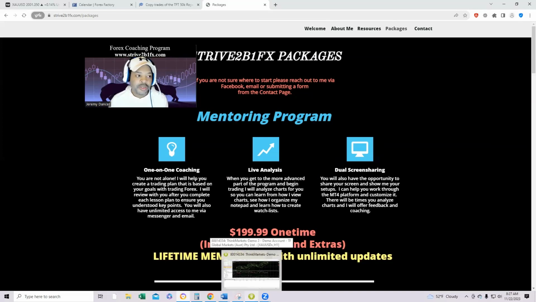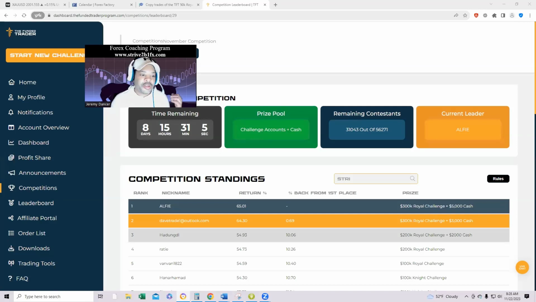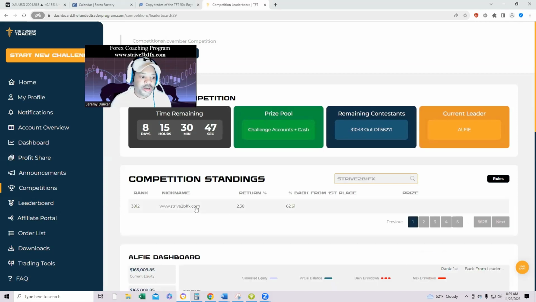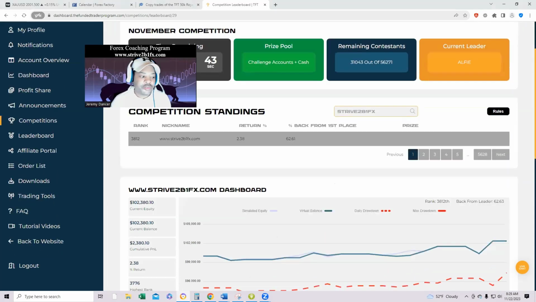So now we're down to 3 minutes. And let's see here. Okay, so now we're inside the Funded Trader platform, and this is the competition standings. You guys can actually find me if you type in my name, strive2be1fx.com, click on search, and you can see how I am trading right now.